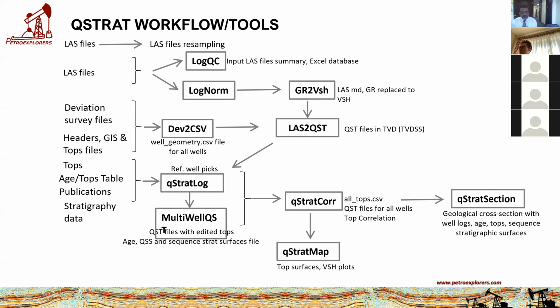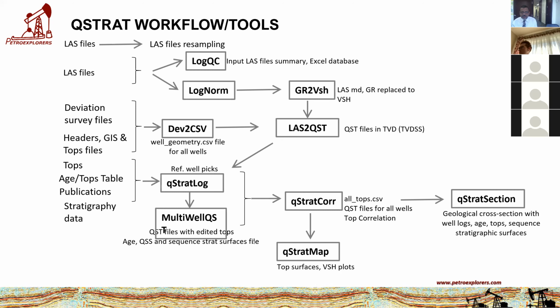Coming from the age, we then create what is called the qStrat log, which is our main central program for stratigraphic interpretation, and then go into qStrat correlation, which takes the qStrat files. qStrat is a workbench, and I will show you the picture next.